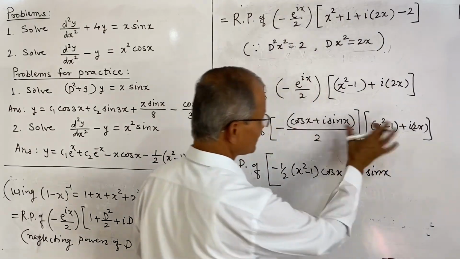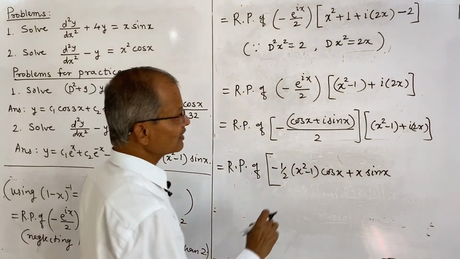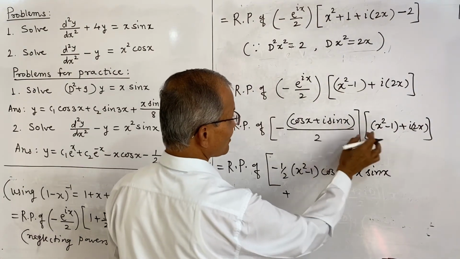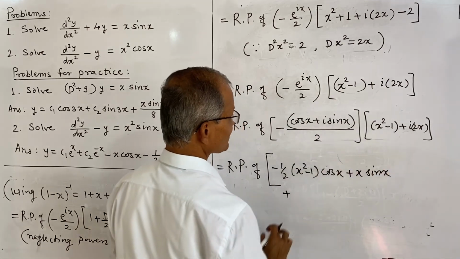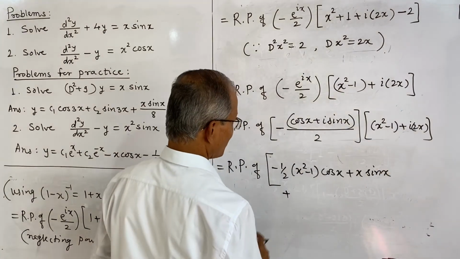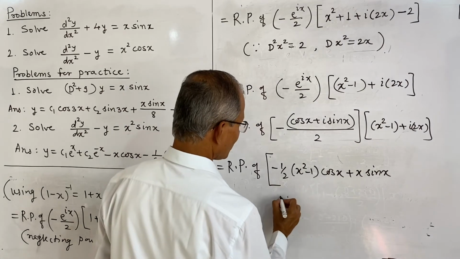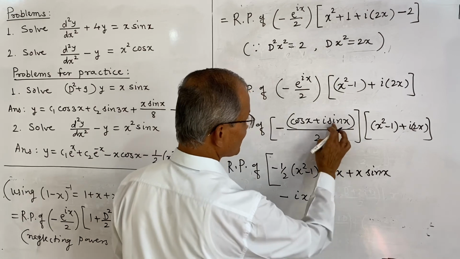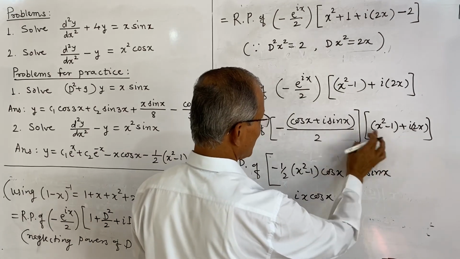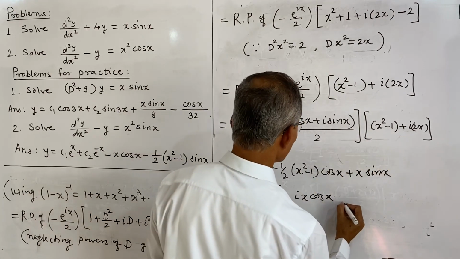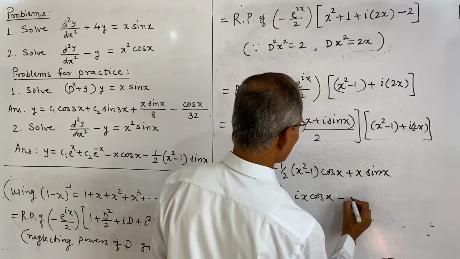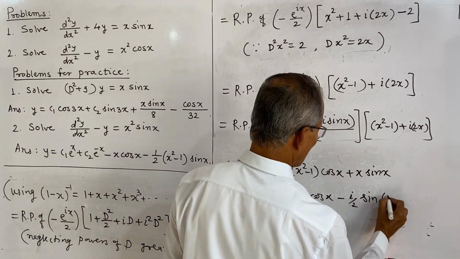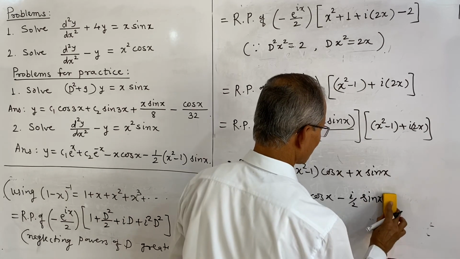These are the real parts you can verify, and the remaining is the imaginary part, that is I product of this cos 2x into this, that is minus I x cos x, and the product of these two, actually minus I by 2 sin x into x square minus 1.